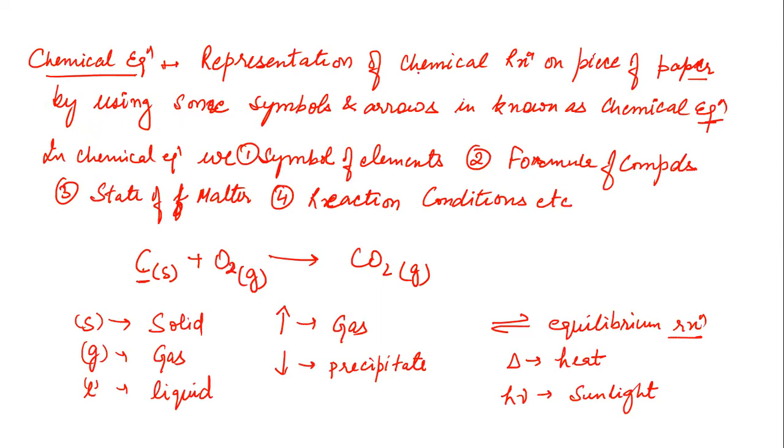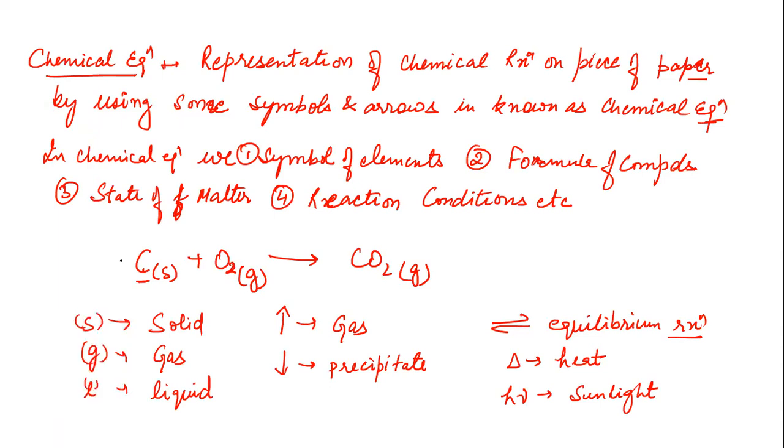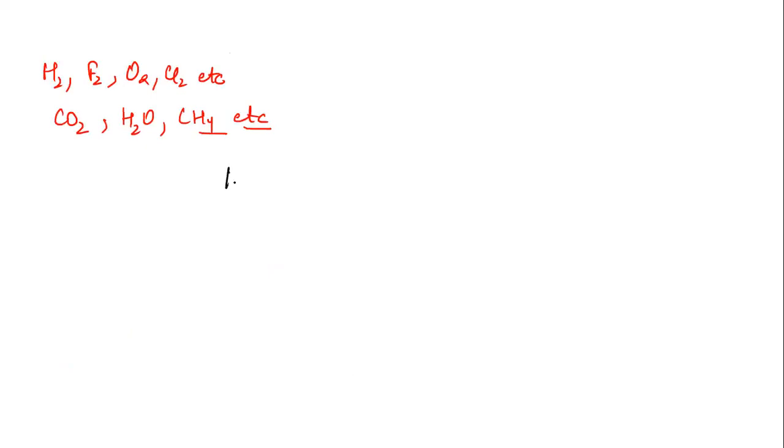Whenever we are balancing a chemical equation, we always add some coefficients like a, b, c. These can be equal to 1, 2, 3, etc. For example, if I choose N2 plus H2, N2 is a gas, H2 is a gas.